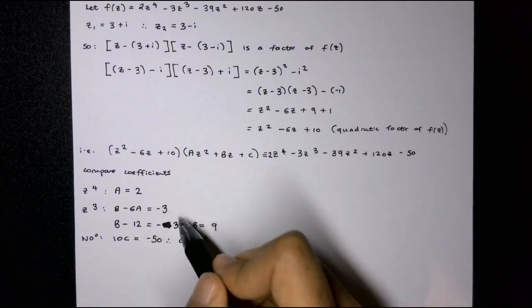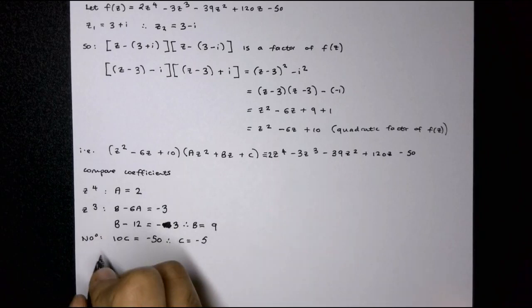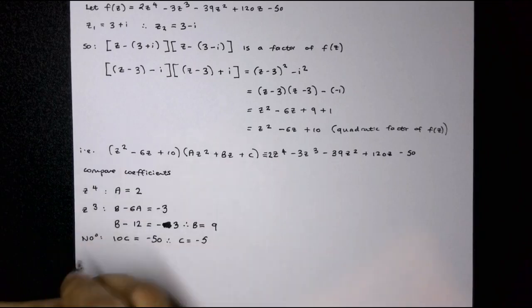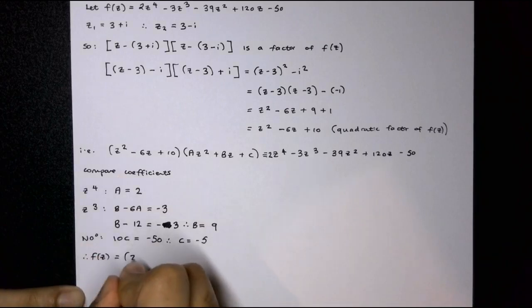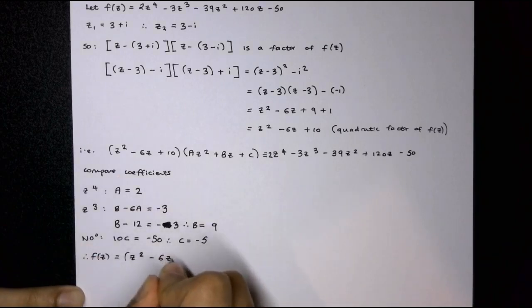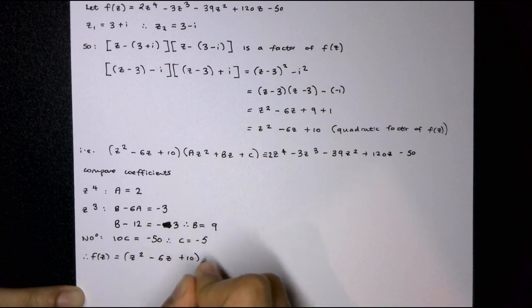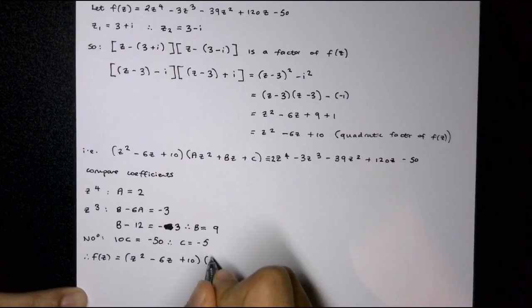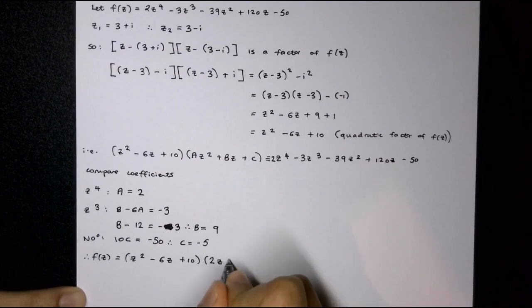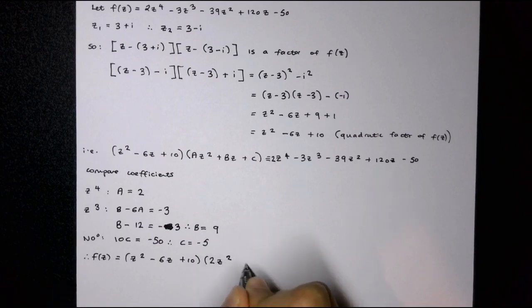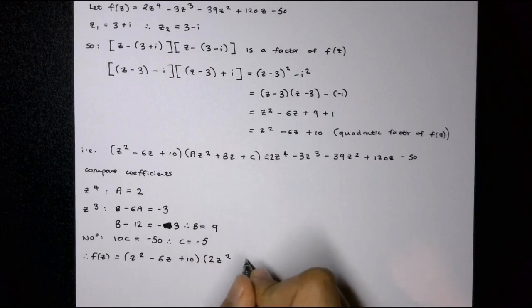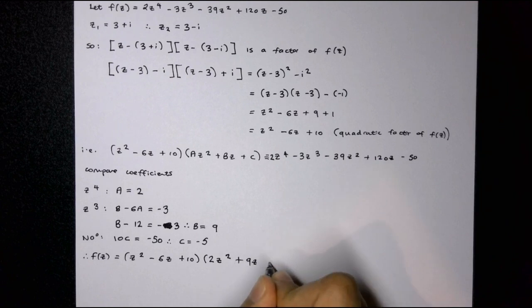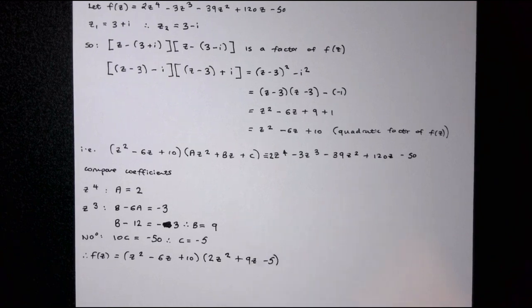Knowing the values of a, b and c, we can therefore conclude f of z is equal to z squared minus 6z plus 10 multiplied by 2z squared plus 9z minus 5.